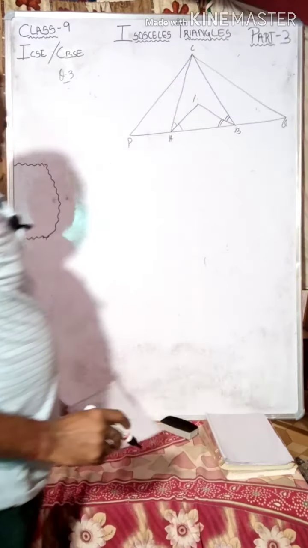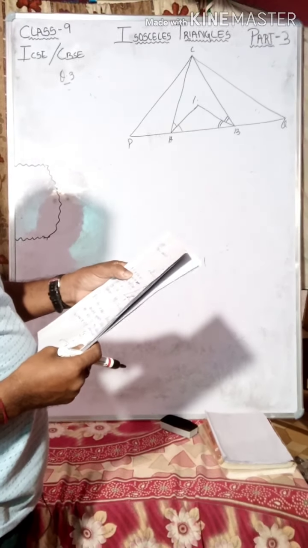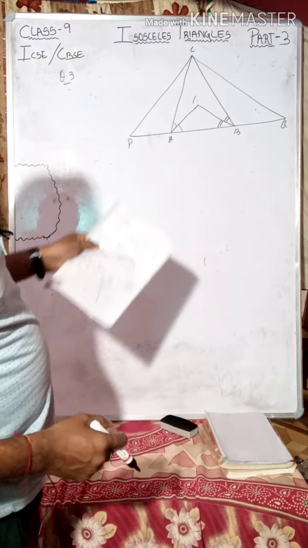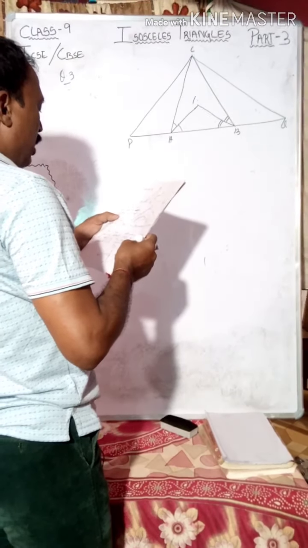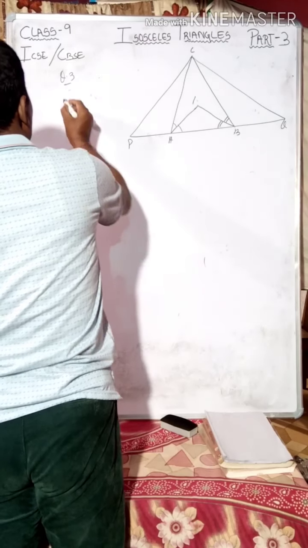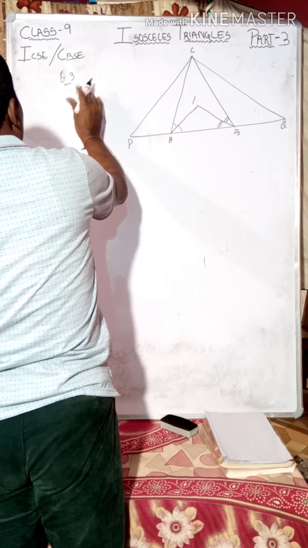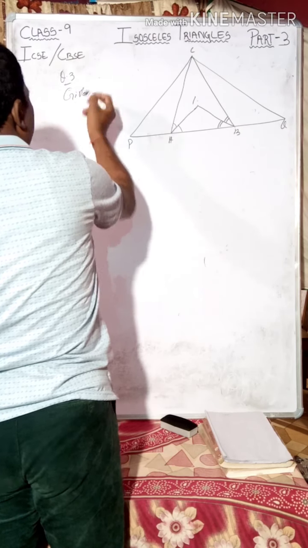Now I am reading the question. IA and IB are the bisectors of angle CAB and angle CBA. In the given, I am writing the given points.